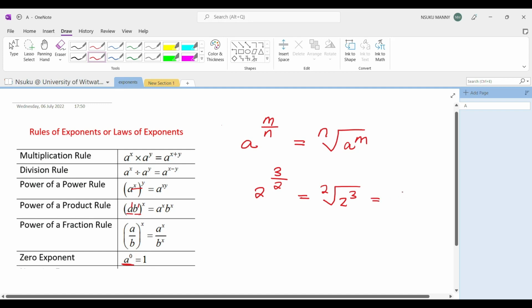So that would be 2 here, and then this would be 8, and obviously this would be my answer if I was to leave it in surd form. Actually, that would not be my answer if I was to leave it in surd form, but that's what basically that rule says. If you have a to the power of m over n, that n will be what replaces the value here on the root, and the m stays as the power.